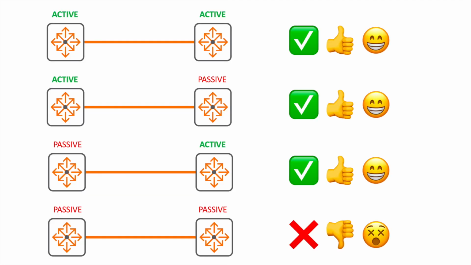If you have two switches that are configured as active and all of the rest of the configuration is correct, then the links will be aggregated. If you have one end active and the other end passive, then those links will be aggregated as well. But if you have two passive ends of the links, there will be no aggregation. At least one end has to be active when you've set dynamic.